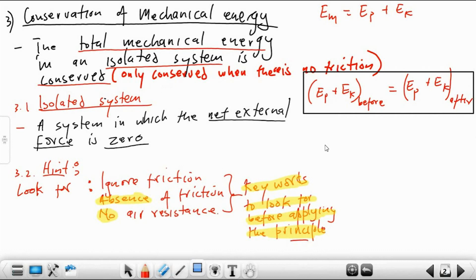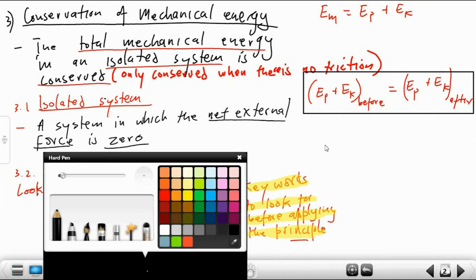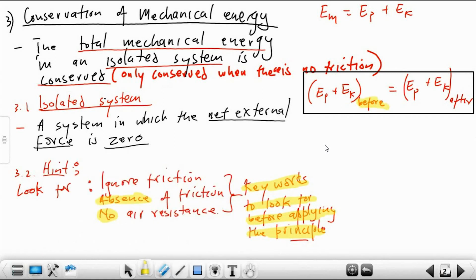Whenever you start working on a problem, you need to state it as it is, because when you say EP plus EK before is equal to EP plus EK after, already you will be getting that 1 mark for the formula. I'm also going to have my reference point as per the position of the object.